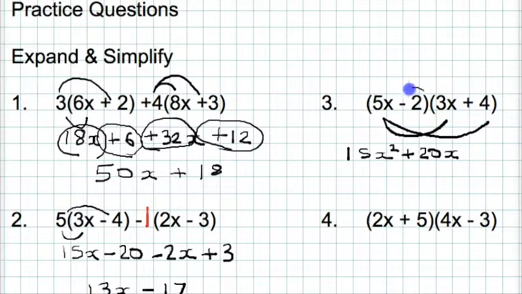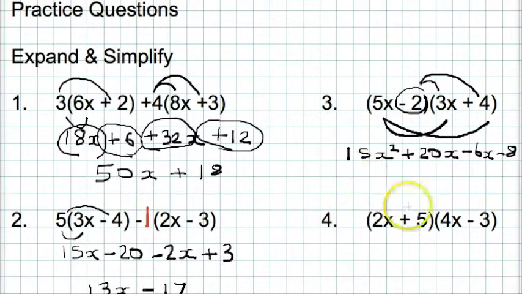And then the inner, minus 2 times 3x gives us minus 6x. And then the last, minus 2 times 4 gives us minus 8.